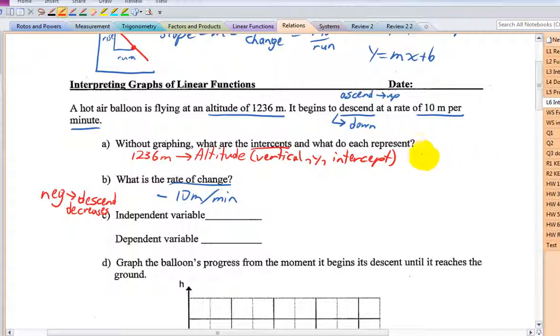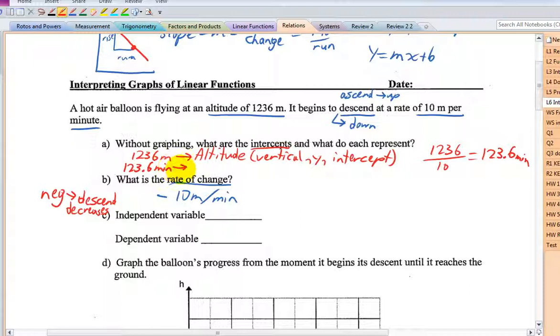Good. So what we have here is we have the balloon descending by 10 meters per minute. So it's going to equal 123.6 minutes to touch the ground. 123.6 minutes.